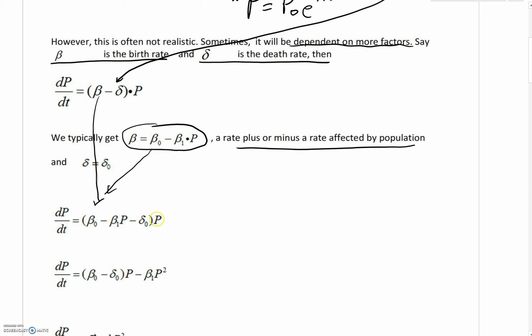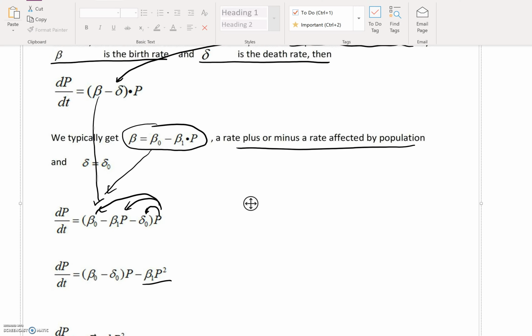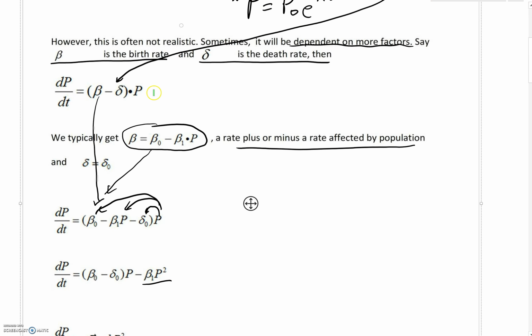So if we were to distribute, obviously P times this P, that would be P squared. You get a minus beta 1 P squared right here. If you'd like to save yourself some work, however, this might even be nicer.